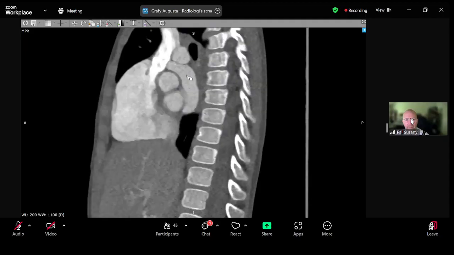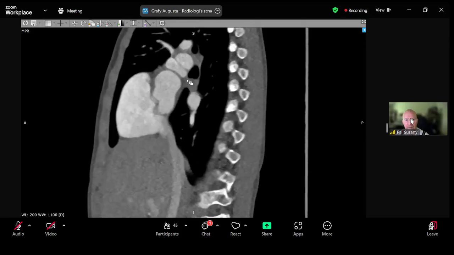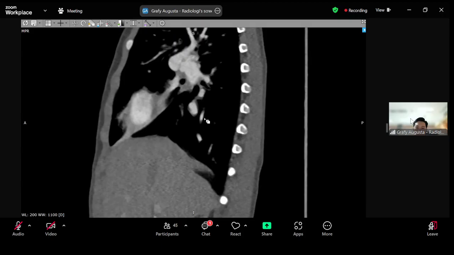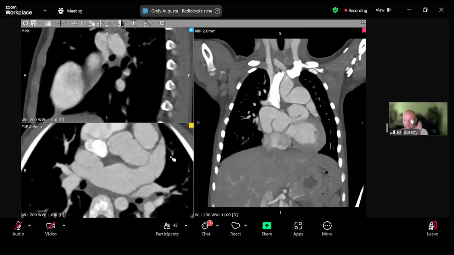Yeah, so those veins kind of sneak out there. They're displaced more than narrowed. Maybe the inferior one. Yeah, I just find that very nice to look at in the sagittal view.